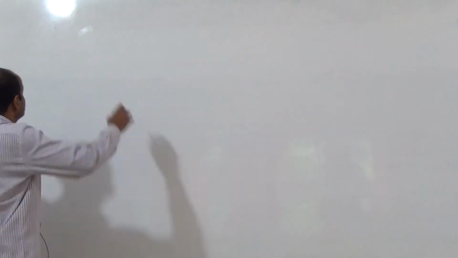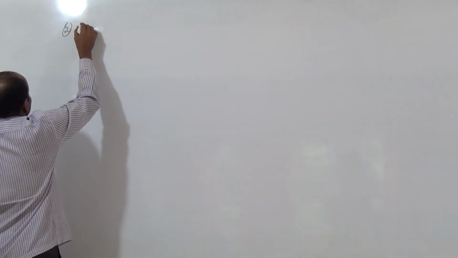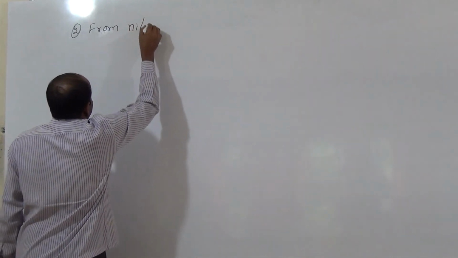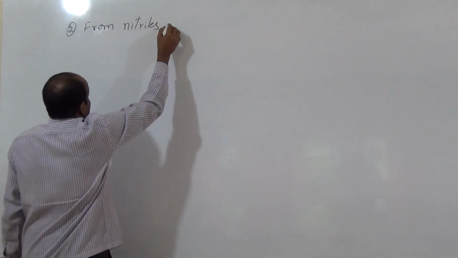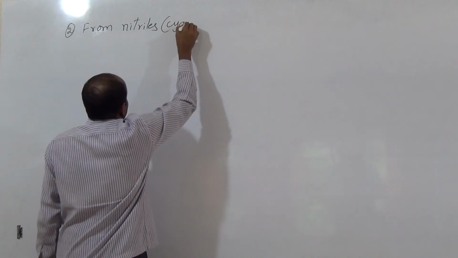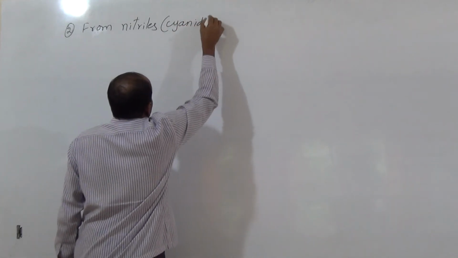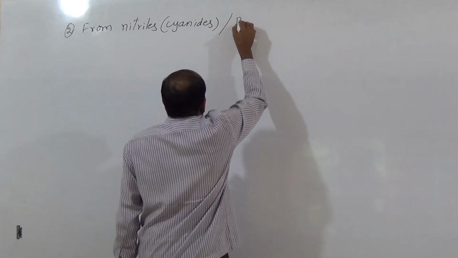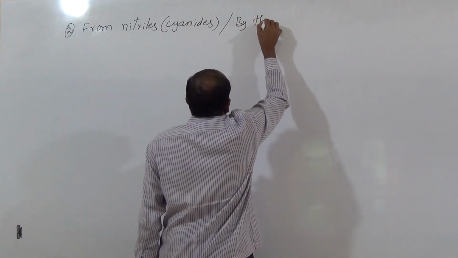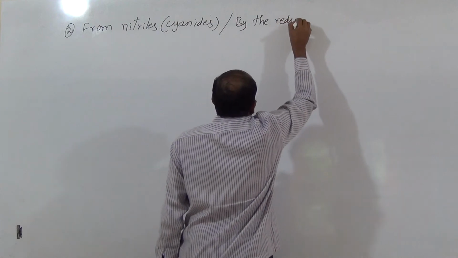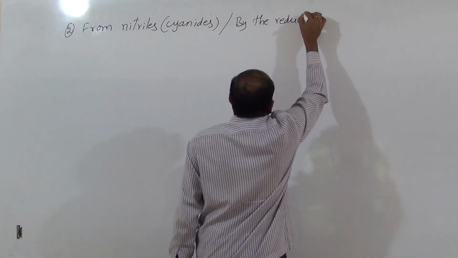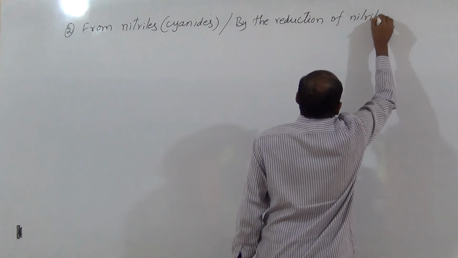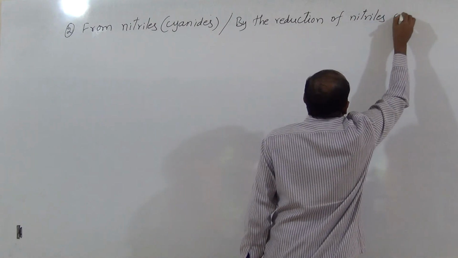Second method is from nitriles. Nitriles means cyanides, or by the reduction of nitriles, or cyanides.